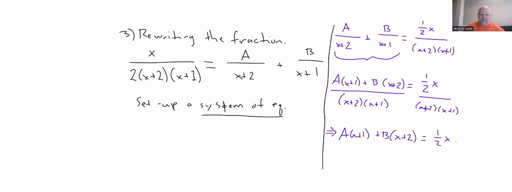Now we're ready to handle the system that I'm going to put over here in red. Here we have ax plus a plus bx plus 2b, after doing the distributive property, is going to be 1/2 x. Now what we're going to do here is match coefficients.